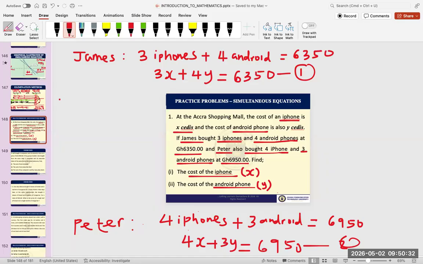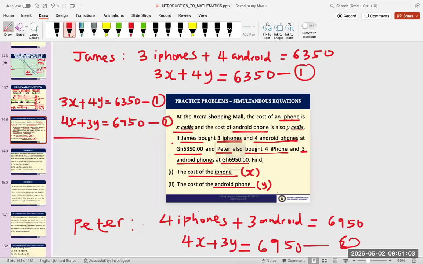We have 3x plus 4y is equal to 6,350, equation 1. Equation 2, we have 4x plus 3y is equal to 6,950, equation 2.